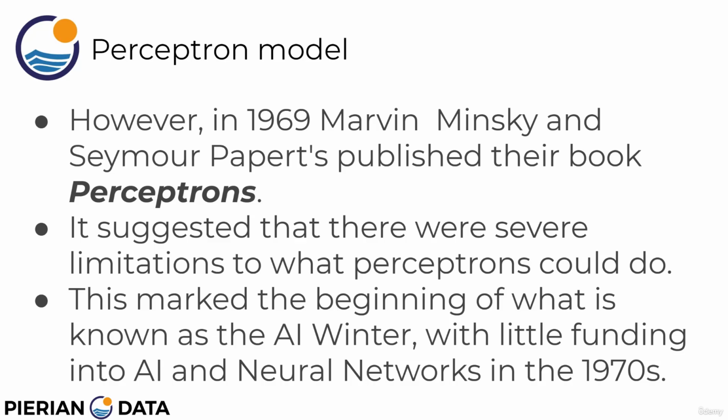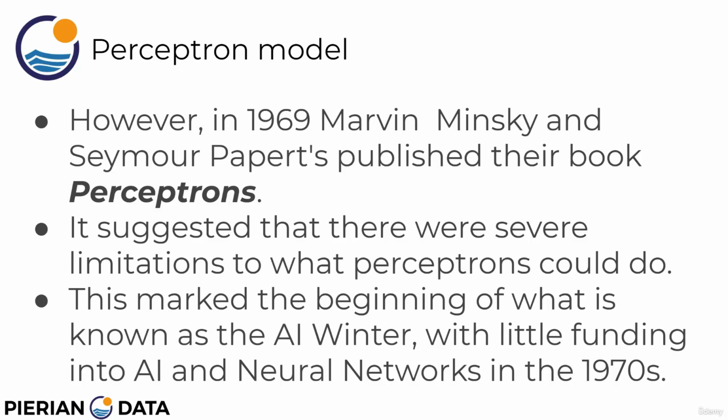So back in the late 1960s, there wasn't really enough computational power to actually make full use of the idea of the perceptron mathematical model. And the publication of this book actually marks the beginning of what's known as the AI winter, where very little funding went into research in artificial intelligence and neural networks in the 1970s.